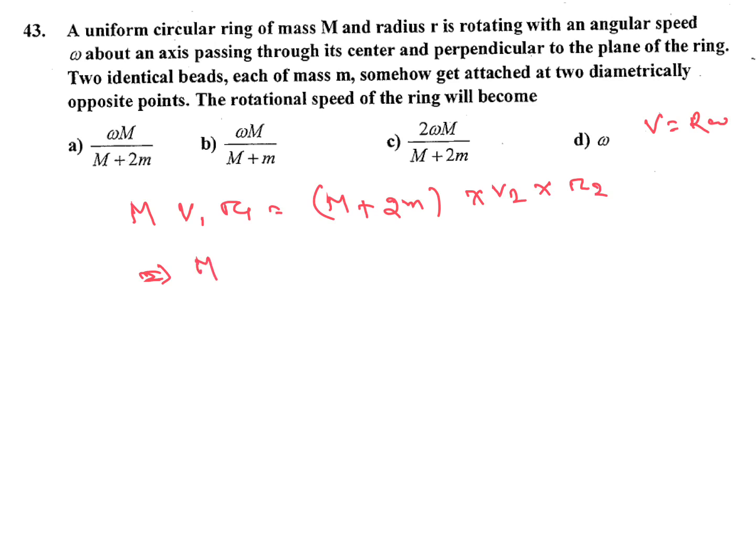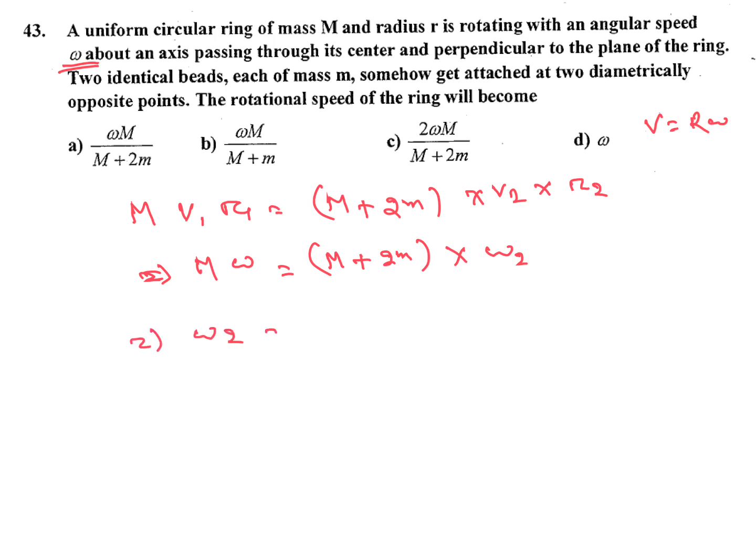We will get M into omega1 equals capital M plus 2 into small m into omega2. The first one is already given, this is omega. So this is M into omega equals M plus 2m into the rotational speed, omega 2, which we have to calculate.